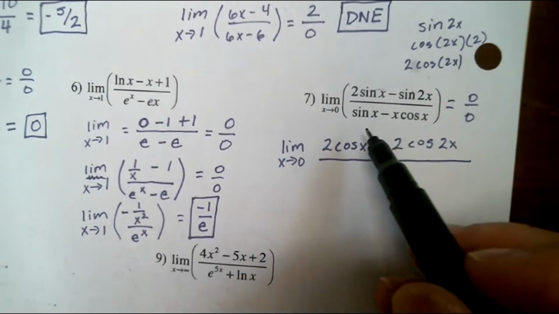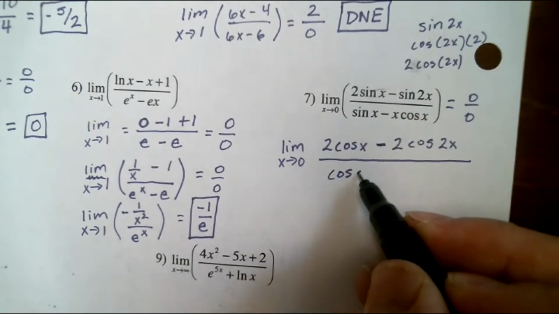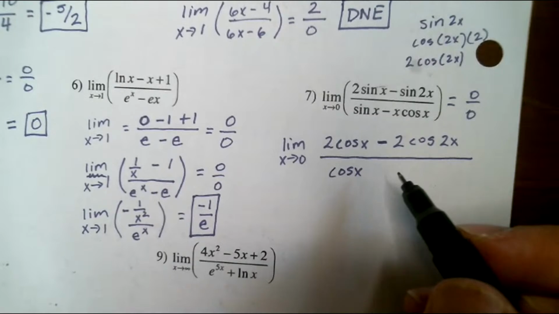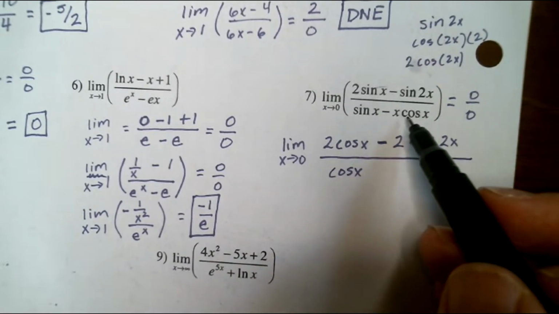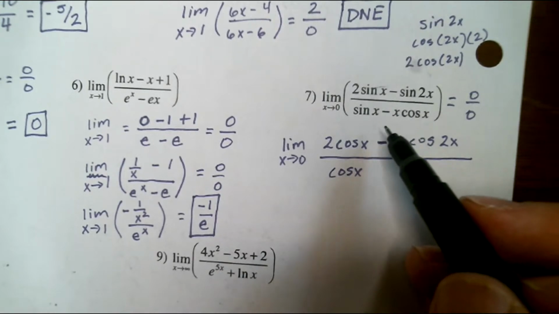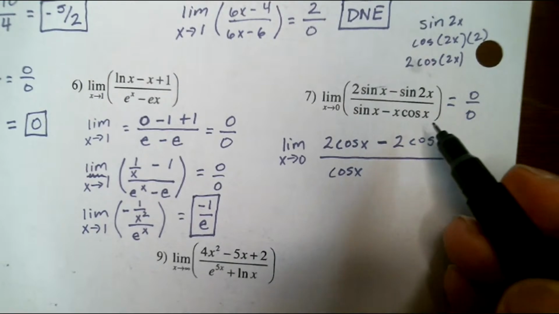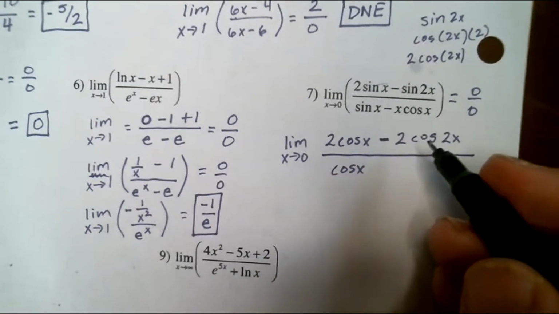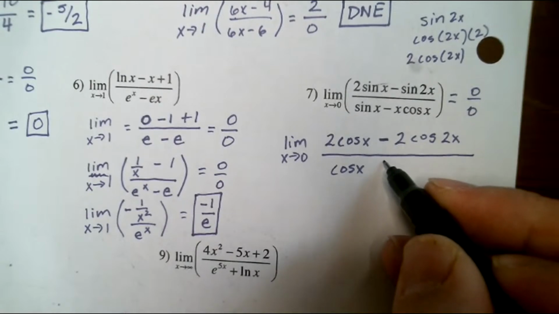So then the next one, the bottom there, the derivative of sine x is cosine x. And then here we're dealing with the product rule, right? So that's cosine x, and then x times cosine x would be x, and it's going to be a plus.